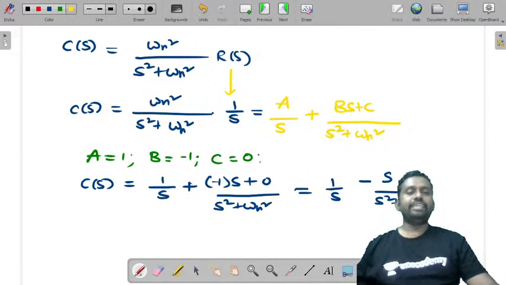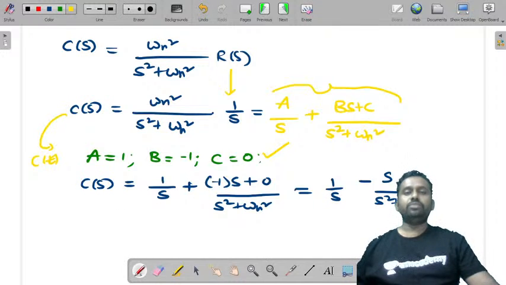Then in order to find its response C of t, we need to take the inverse Laplace transform. So for that we require the partial fractions. So I have taken A by s plus B s plus C by s square plus omega n square. Once you try to find the values of A, B, C, you'll get 1, minus 1 and 0.